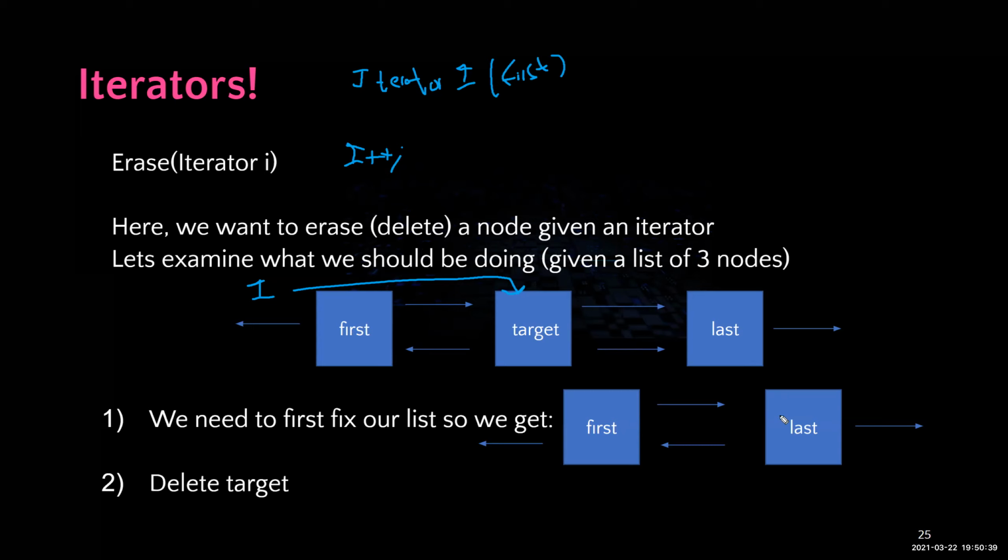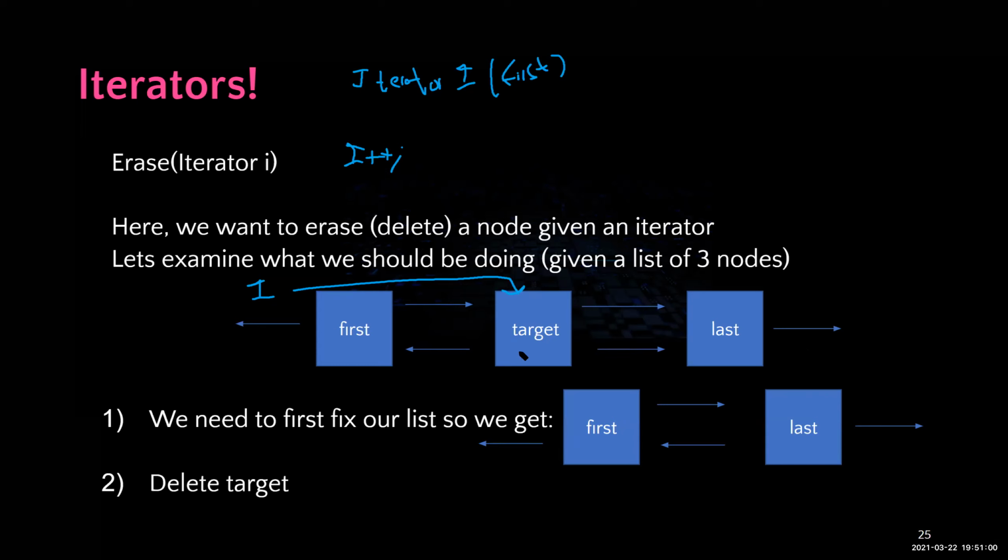So the erase function takes in an iterator? Yep. And it takes an iterator, and given that iterator, we want to remove that node that the iterator points to. So in this case, iterator I, for this example right here, is going to point to target.